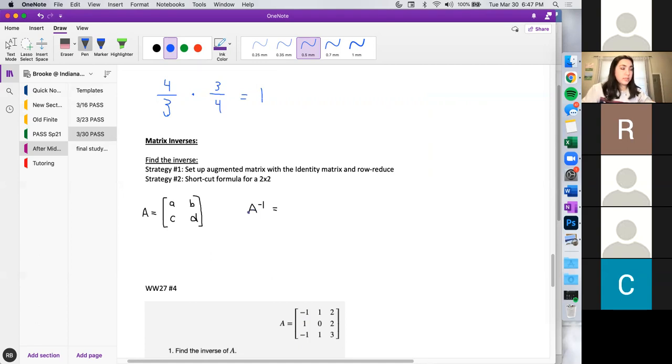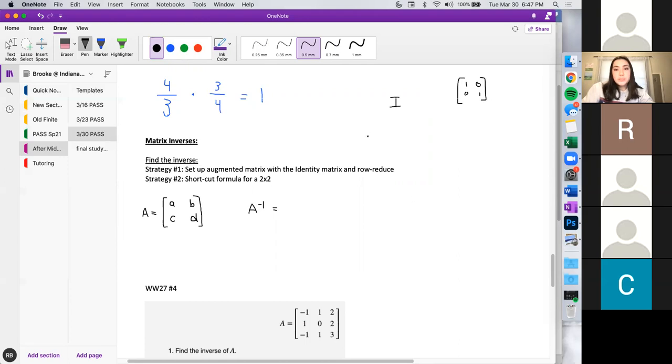Same thing with matrices. In the matrix universe, the identity matrix, if you remember that guy from the very beginning of today, is kind of like a 1. So that's an identity matrix. That's a 2x2 identity, kind of like a 1.